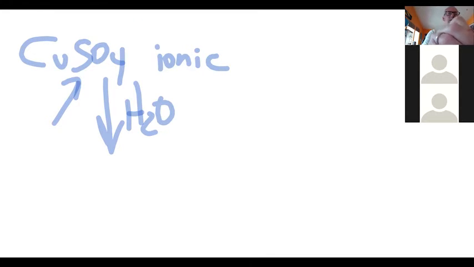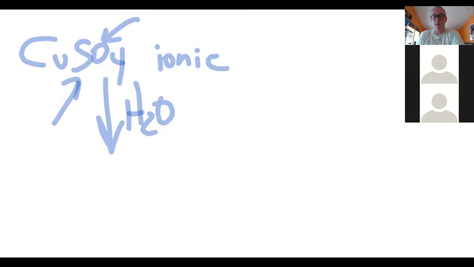Okay. What about the copper? Copper is cation. So we have two cations? In the right side of the compound, they have one cation and one anion. Right. So this compound has one cation and one anion. So which is the one cation?